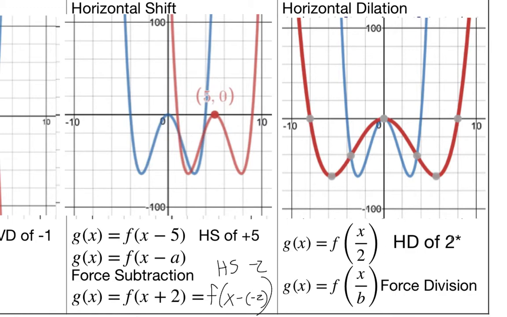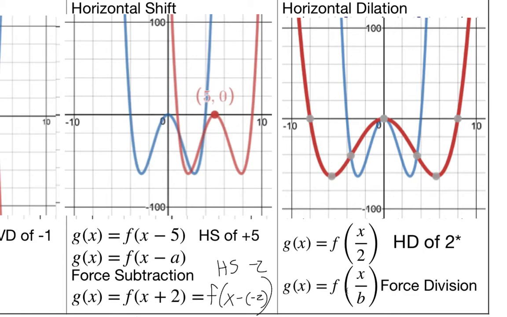That's a horizontal dilation of 2. It's twice as wide. All the x values get multiplied by 2. So this has an x value of, I don't know, like 3 or something, and it gets doubled to 6. Here -3 gets doubled to -6. Here the x value is 0, so it gets doubled to 0 and stays right here.